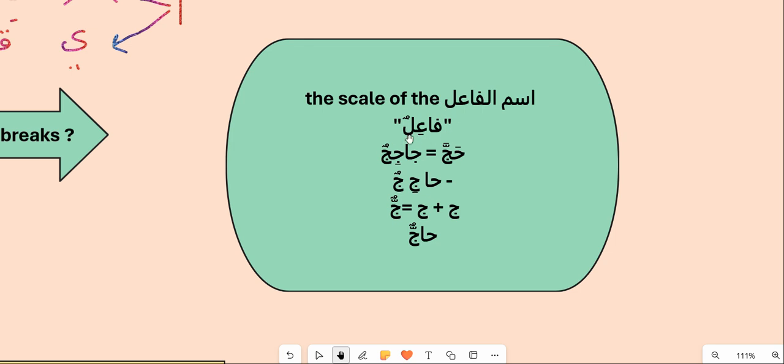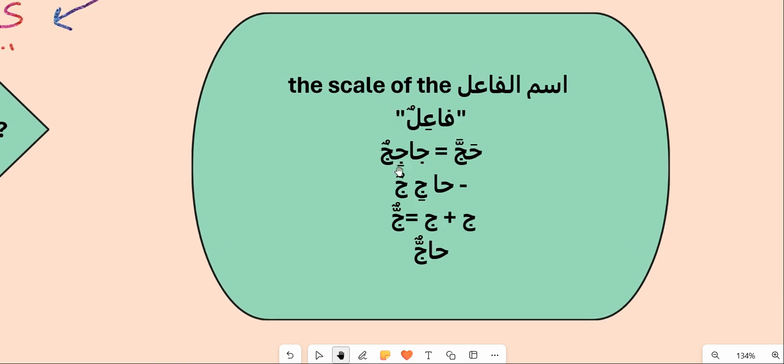So following this scale, what happens? The letters from the verb follow the structure of fa'ilun. And from this scale, from hajja, we get hajijun. This is the original scale actually. This is the original structure, hajijun. But as I told you, the Arabs did not like to say hajijun, the double letter.